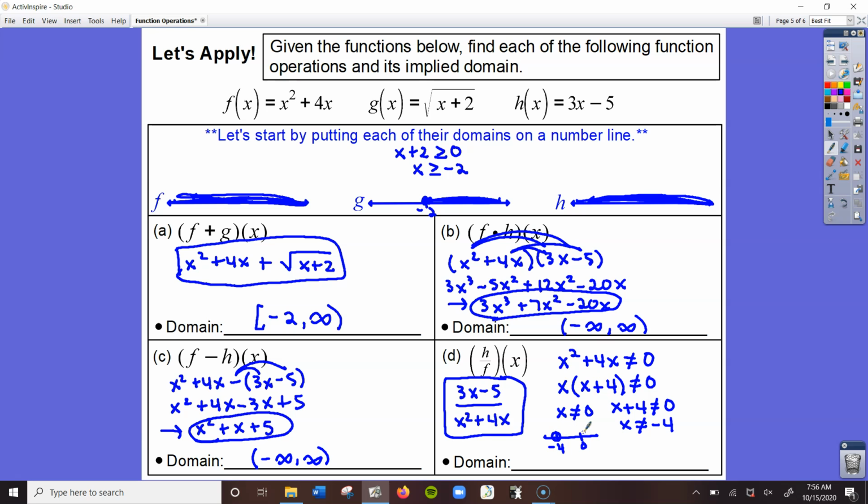X cannot equal negative 4 or 0, but everything in between is fine. So that means that the domain of h over f is going to be from negative infinity to negative 4, union negative 4 to 0, union 0 to infinity.